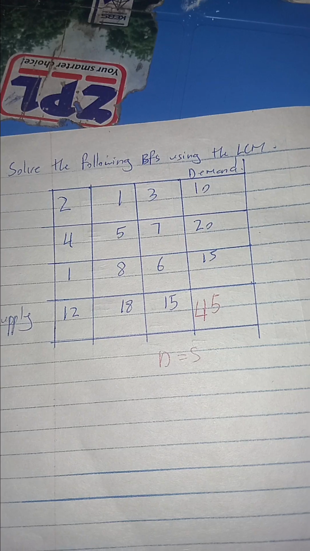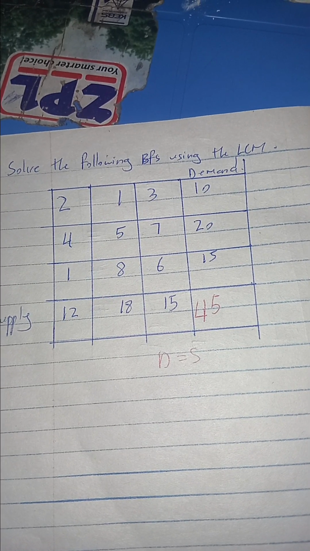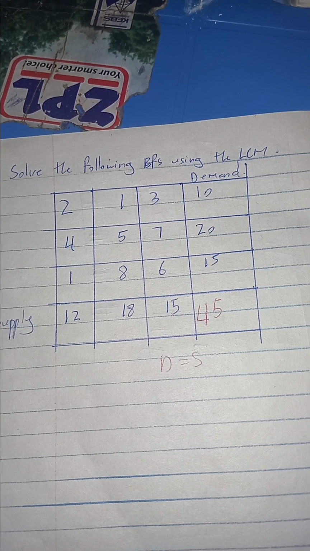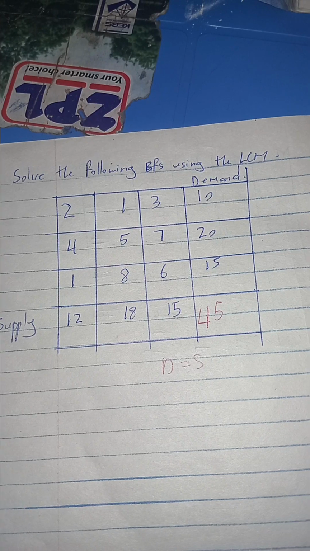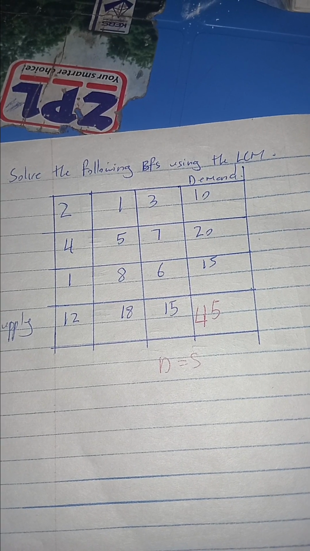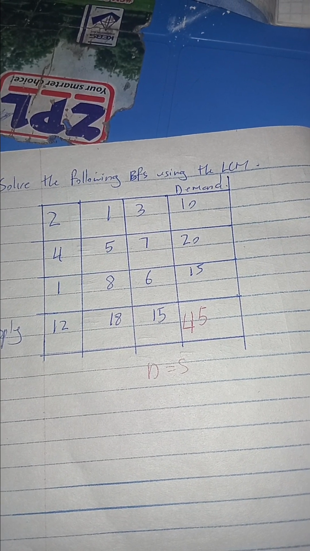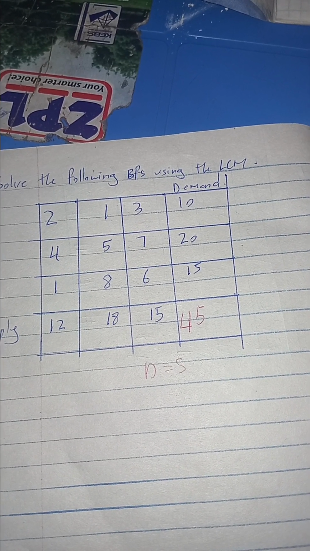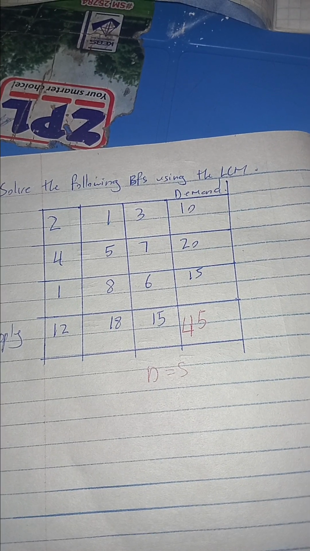Now, for us to continue, we have to know the conditions or the guidelines on how to solve the problem using the least cost method. The first rule is to find the least cost from the transportation table. If the least value is unique, we call for allocation.